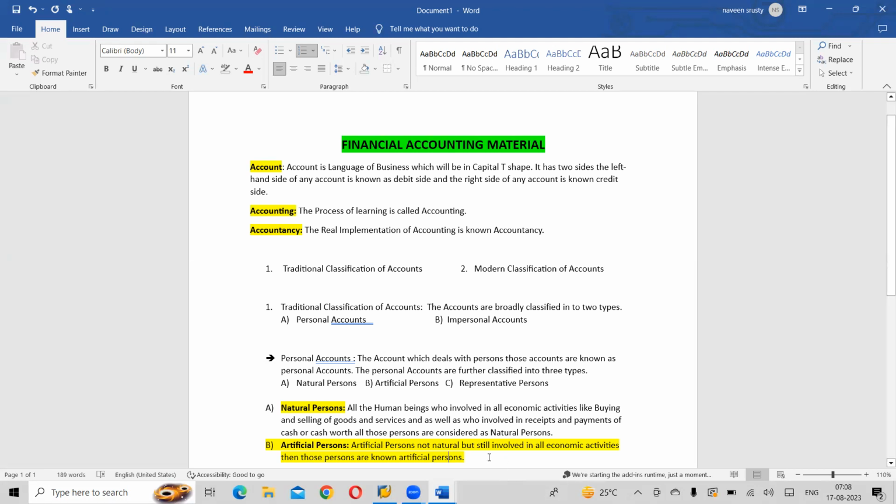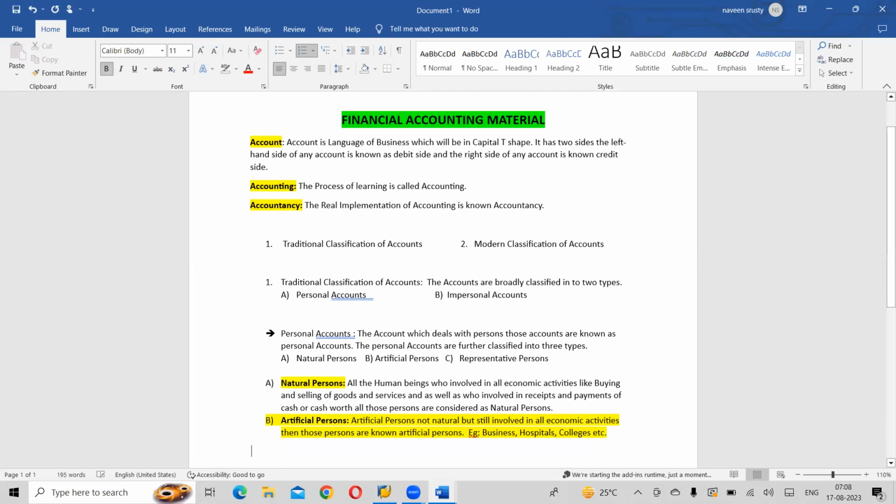You can take any example here: business, hospitals, colleges, etc. Is this clear? Artificial person. Yes, clear.